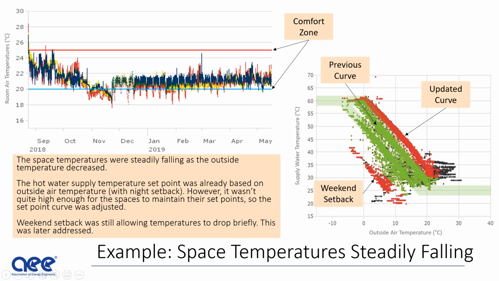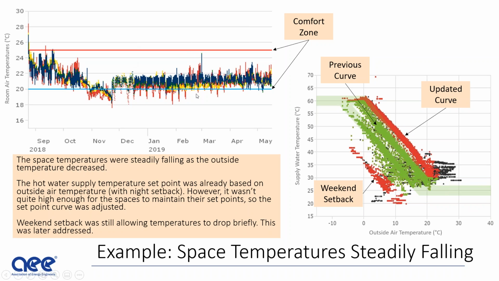As we were tracking this, we noticed that the general room temperatures were starting to drop systematically lower and lower. We raised a flag and they were able to get them back up into the comfort range again.